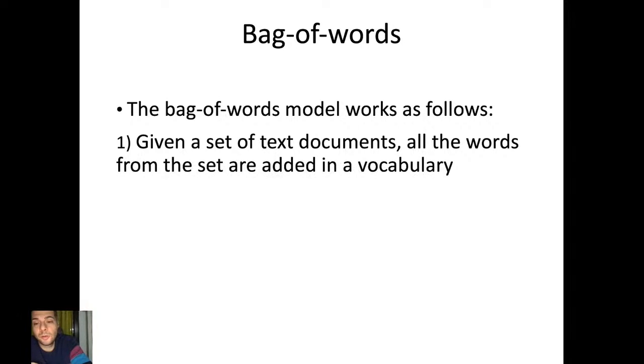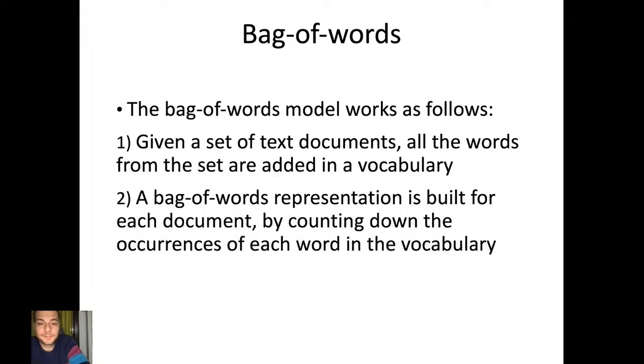Let's say we use the alphabetical order. So after we build this vocabulary, we can obtain a bag of words representation for each document. So this is actually a histogram that counts how many occurrences of each word in the vocabulary are found in our document.